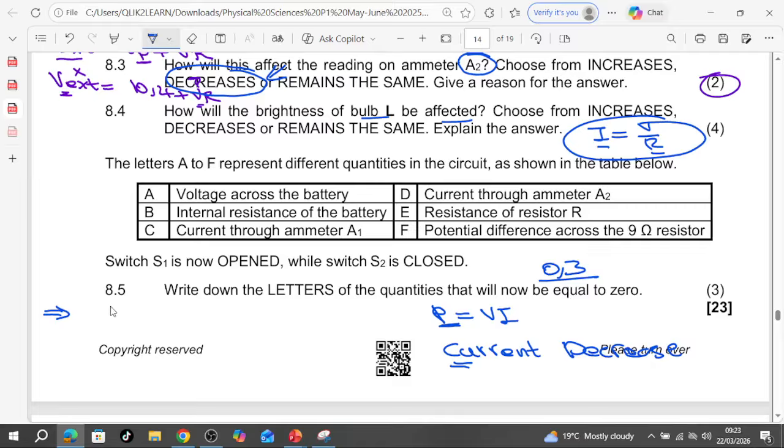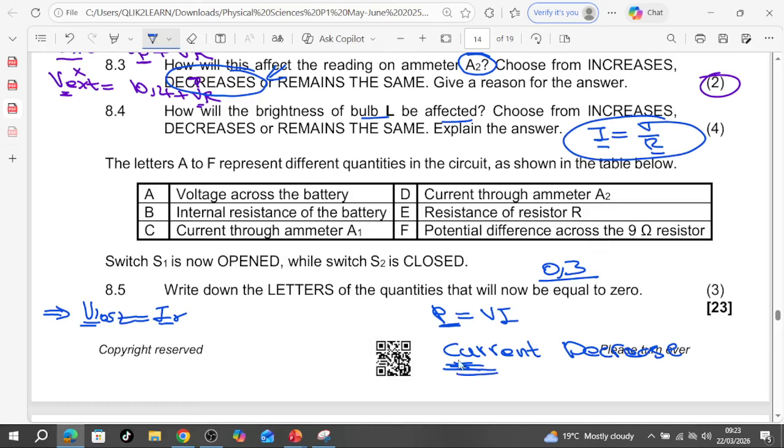So when the current decreases, the V lost, which is equal to the current times small r, will decrease because the V lost is directly proportional to the current. If the current decreases, the V lost decreases.